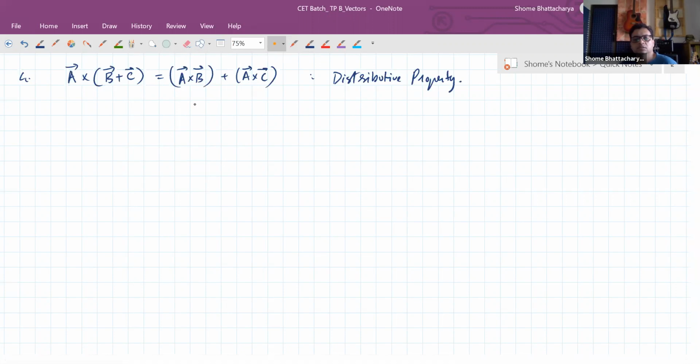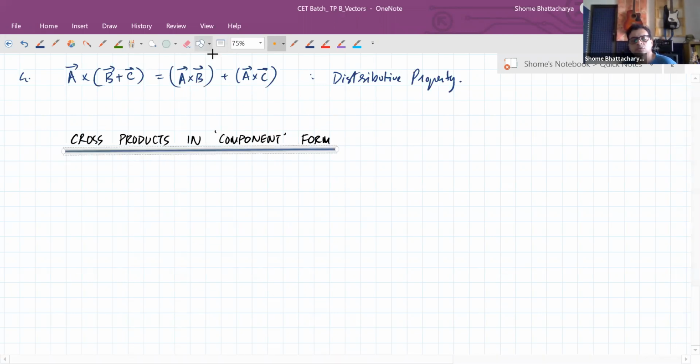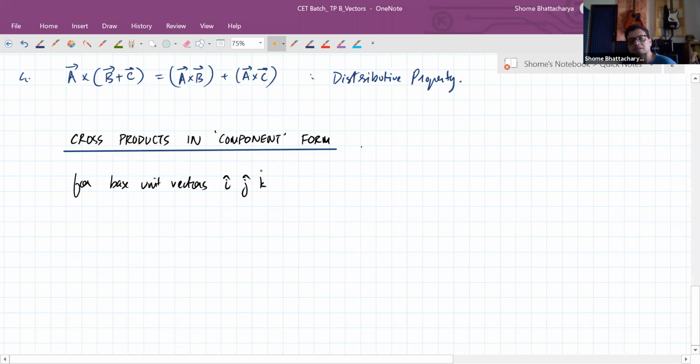Okay, now next thing we'll move on to cross products in component form. So this is extremely important. So first of all, let us understand for the base unit vectors i cap, j cap and k cap.